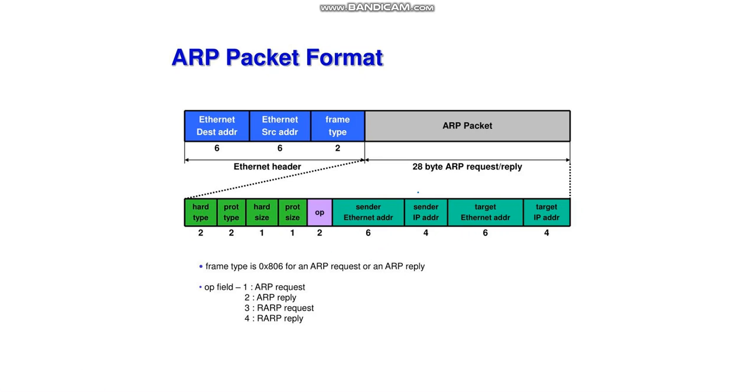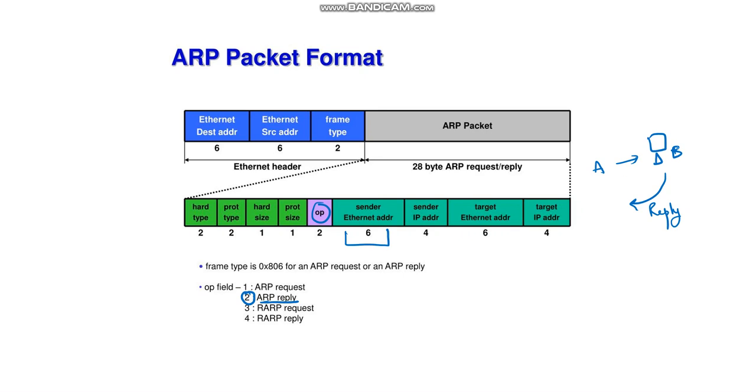Now when host B receives this packet from A, it responds with a reply. At that time it changes the operation field to 2. Once it sends the reply, it sends the sender MAC address.